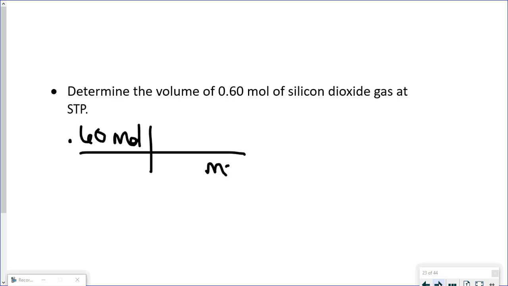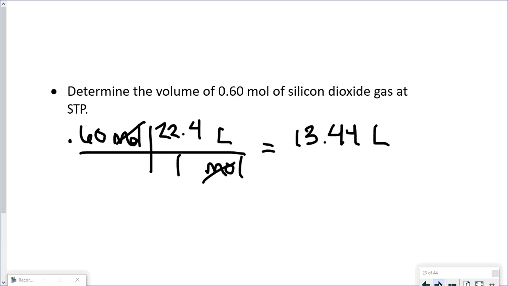It will go in the bottom of our next step to change into liters. 1 mole is equal to 22.4 liters. That cancels out moles, leaving us with liters. Yet again, both numbers are above the line, so we're going to multiply them. So if you multiply 0.6 times 22.4, your calculator answer gives you 13.44 liters.